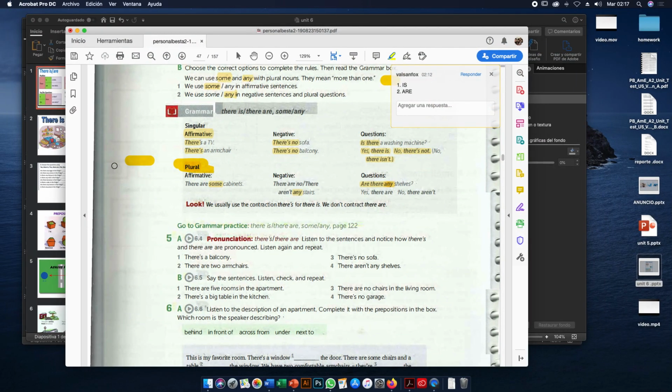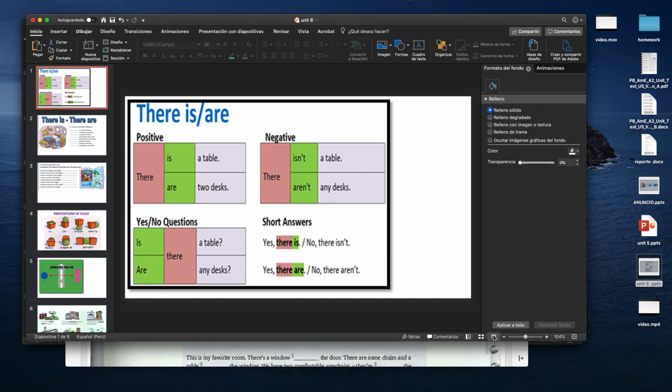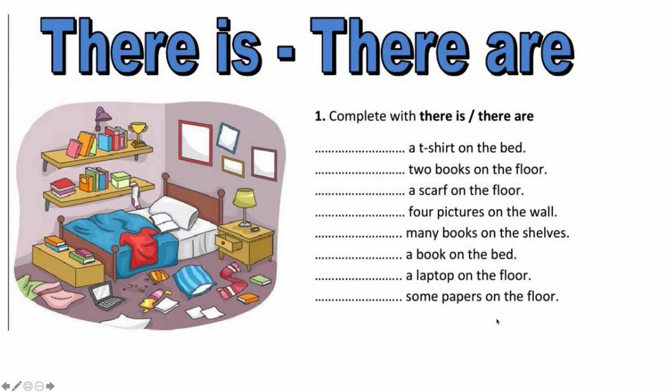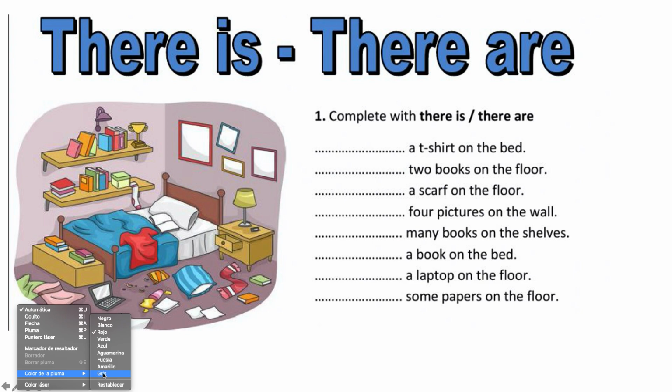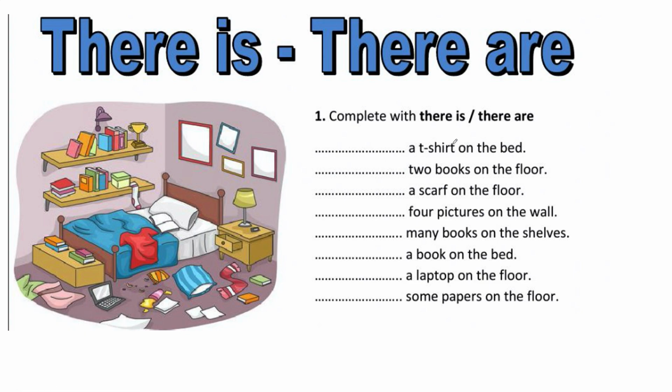So here on the PowerPoint again, we have an exercise in which we need to complete using there is or there are. Remember, there is for singular, there are for plural. Okay? So, a t-shirt on the bed. If it is singular, definitely there is.